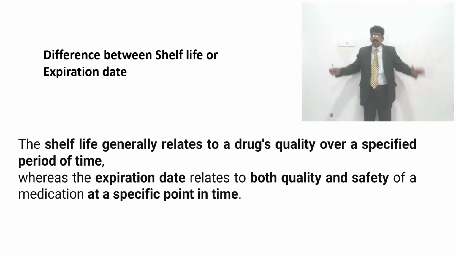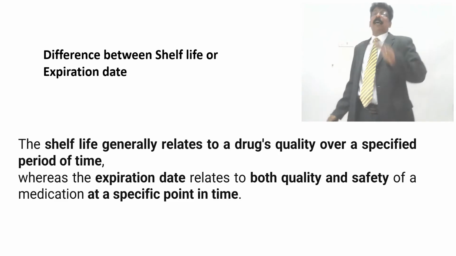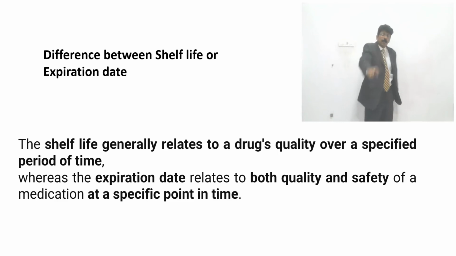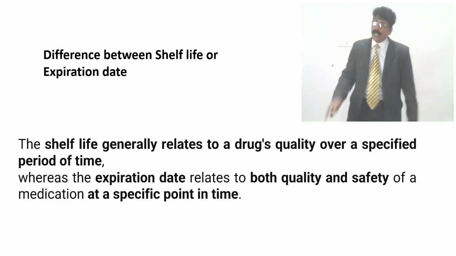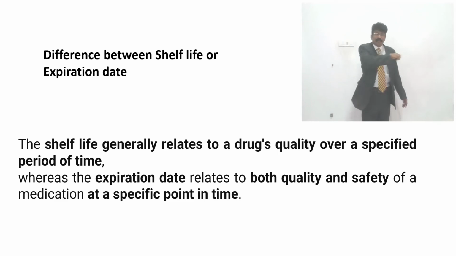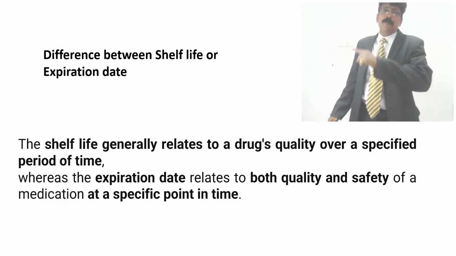So it is mentioned for both quality and safety of a medication at a specific point in time. An expiry date means that after the date mentioned in the label, the product is not allowed to be kept in the premises of the pharmacy, or for sale, or in the dispensing area. It should be taken away from there.